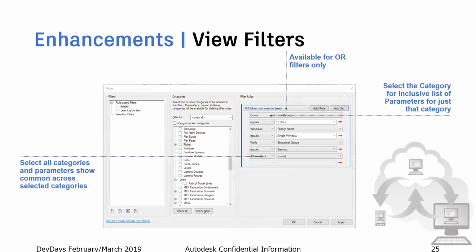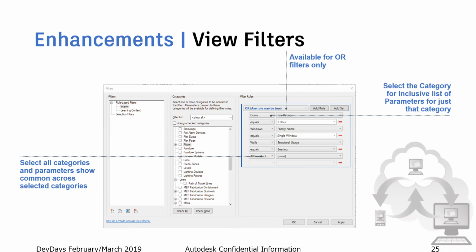So what we've done is we've added the ability to specify in an OR filter which category you're interested in for that part of the filter, and then that gives you access to more parameters for actually filtering for that category.